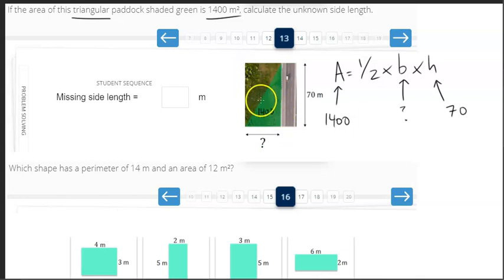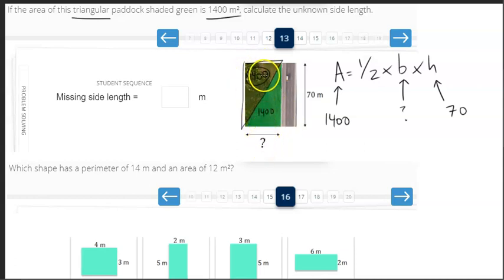We also then know that because a triangle is always half the amount of a rectangle, this triangle is also 1,400. It has to be because it's exactly the same area as this one here. It's just mirrored in the diagonal direction.